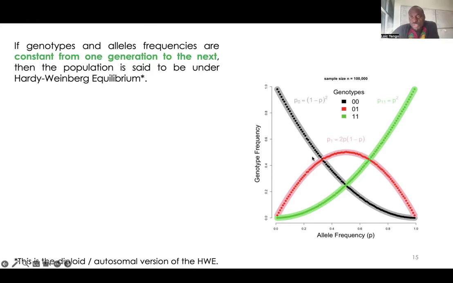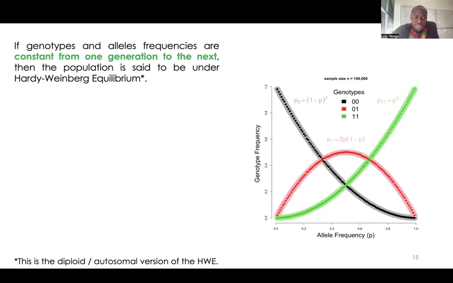And so what I'm showing here, the lighter colors, green, gray, and pink, is what is predicted by theory. And all of the dots here are actually from simulation. So if you perform a simulation with a large enough population, those are the observed genotype frequencies, and they match the prediction fairly well.